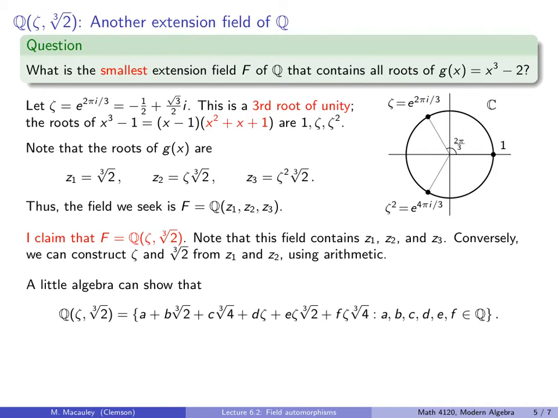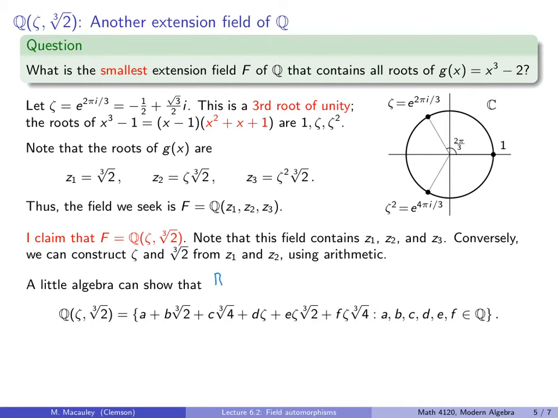A little bit of algebra can show that this field extension of Q, that is Q adjoined zeta and cube root of 2, can actually be written as this set of complex numbers, namely a times 1 plus b cube root of 2 plus c cube root of 4 plus d zeta plus e zeta cube root 2 plus f zeta cube root of 4, where a, b, c, d, e, and f are all rational numbers.